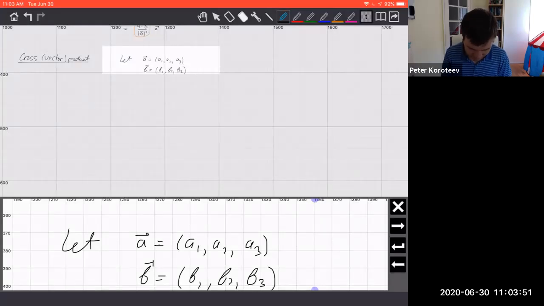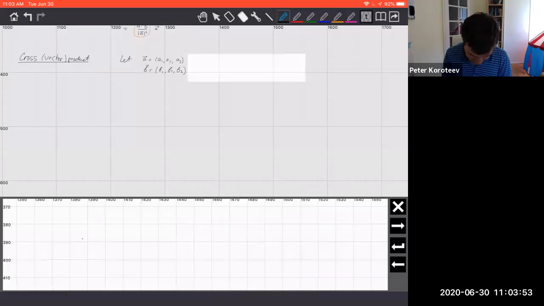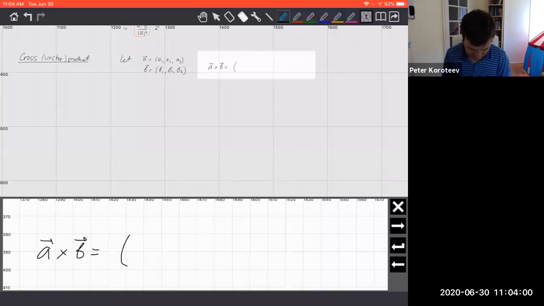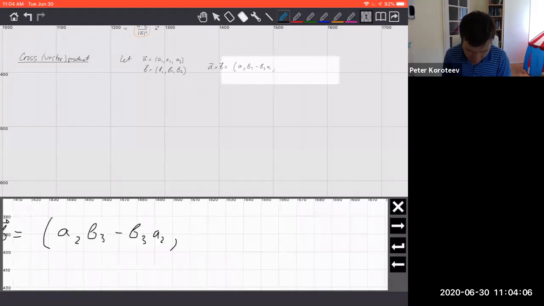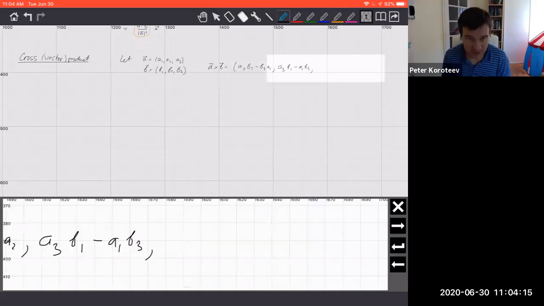Then by definition, A cross B is the following vector. It has components A2 B3 minus A3 B2, comma, A3 B1 minus A1 B3, comma, A1 B2 minus B1 A2.